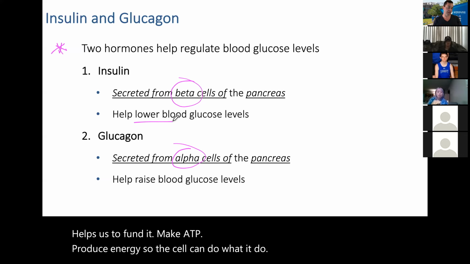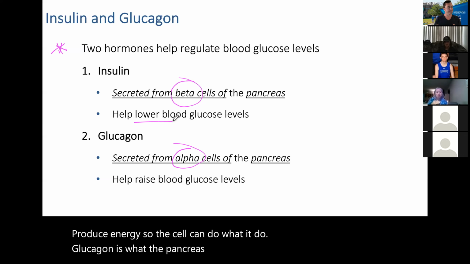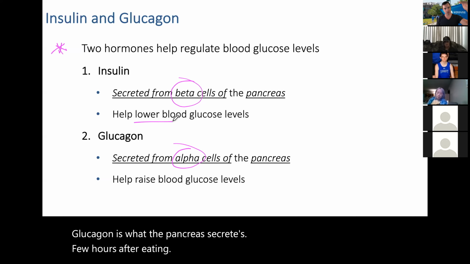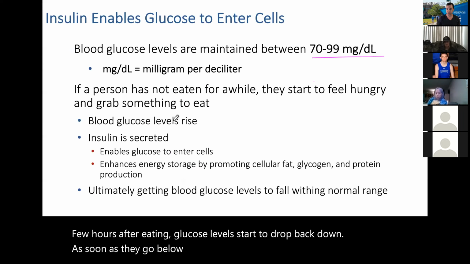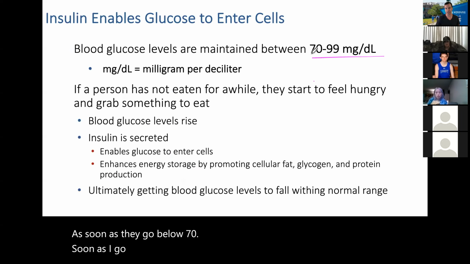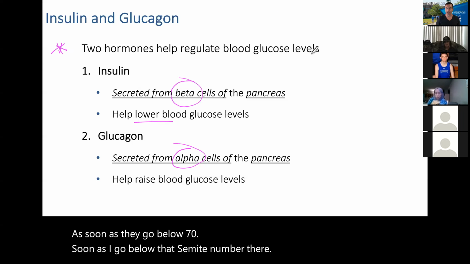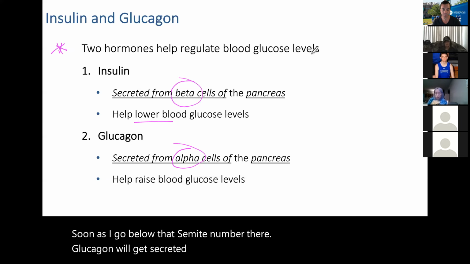Glucagon is what the pancreas secretes a few hours after eating. A few hours after eating, glucose levels start to drop back down. As soon as they go below that 70 number, glucagon will get secreted by the alpha cells.